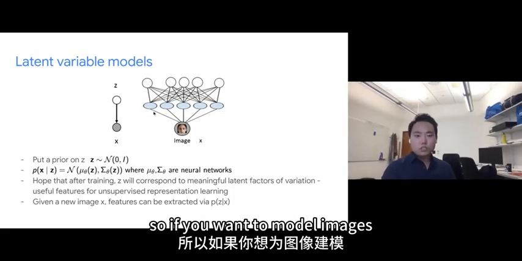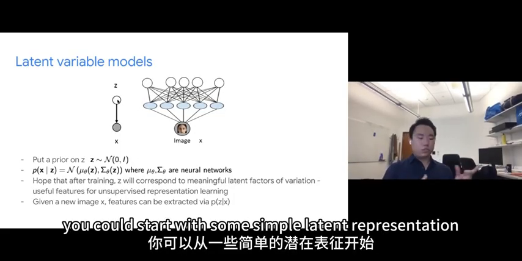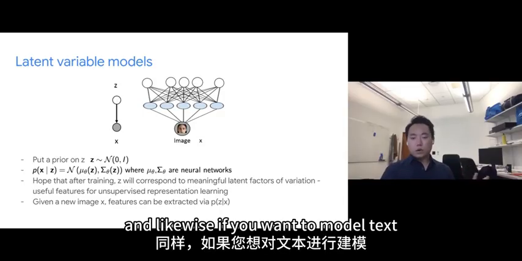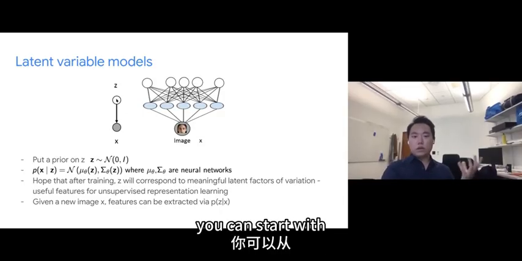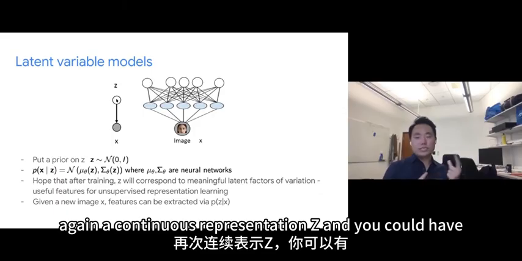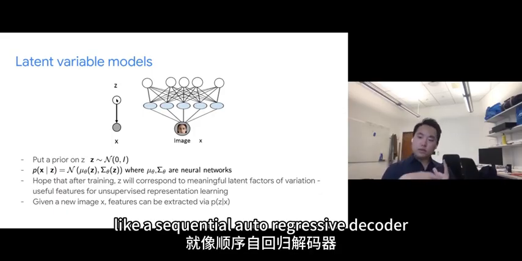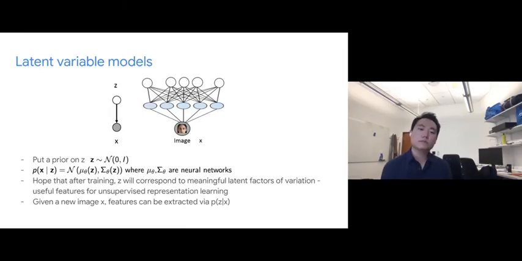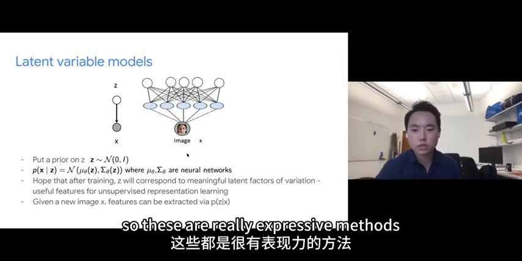So if you want to model images, you could start with some simple latent representation and have a bunch of convolutional layers to actually generate the image. And likewise, if you want to model text, you can start with, again, a continuous representation Z, and you could have a sequential autoregressive decoder using recurrent models or transformers to actually model text. So these are really expressive methods.